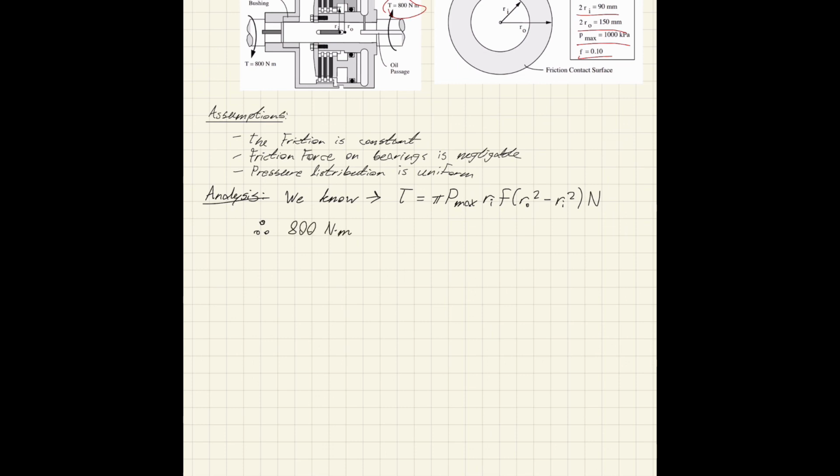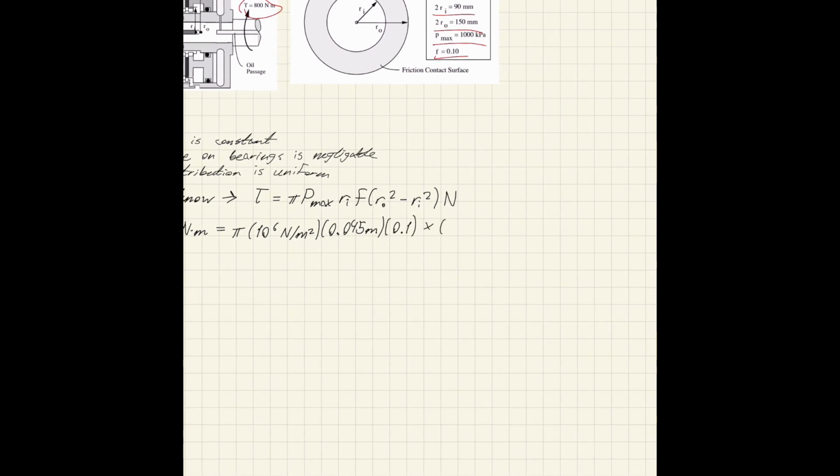So 800 Newton meters is our torque, which is equal to pi times, our Pmax is 1,000 kilopascals or 10 to the 6 newtons per meter squared. We need to convert to meters, so 0.045 meters times 0.1, which is our friction. And here we have our final in meters, our final minus our initial in meters squared times number of discs.